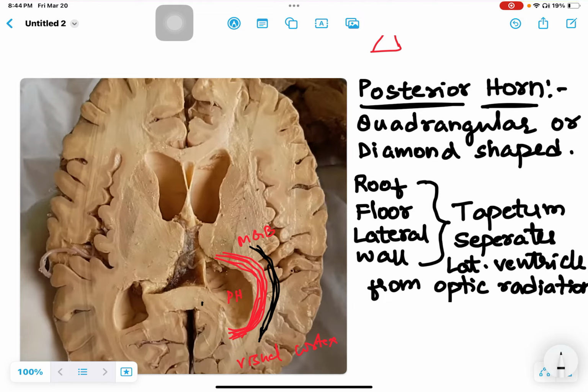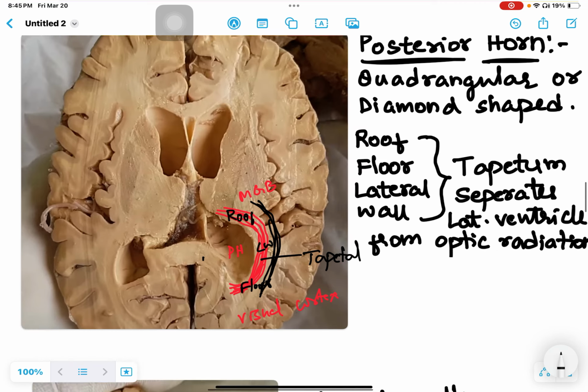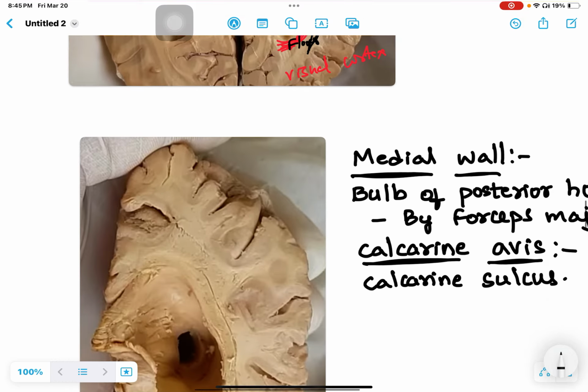These are the tapetal fibers. These tapetal fibers mainly form the roof, lateral wall and floor of the posterior horn.